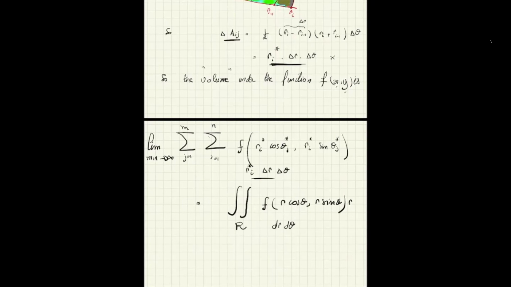But the idea is to look back at this function here and just compare it to the definition of the integral, the one we introduced in the beginning. It's the same thing.